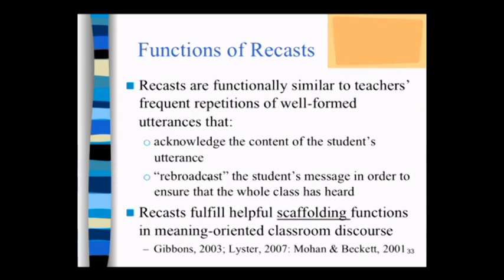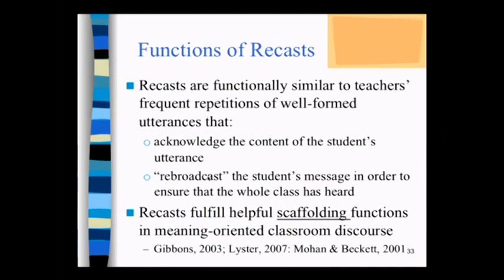I had a video of classroom interaction, and I don't have time to show it, but what we know about classroom interaction is that recasts serve all sorts of functions. Teachers are always repeating what students are saying, whether it's a non-corrective repetition or a recast. We know that teachers do a lot of rebroadcasting.